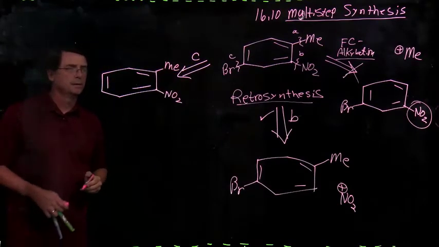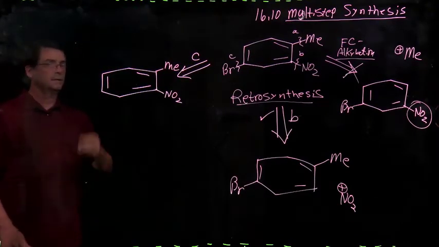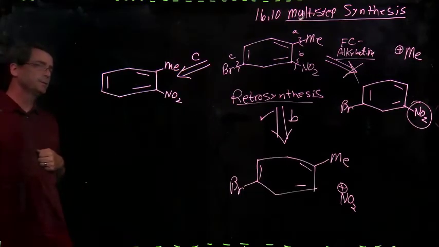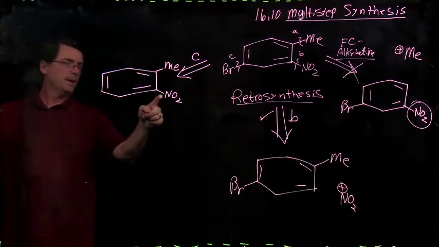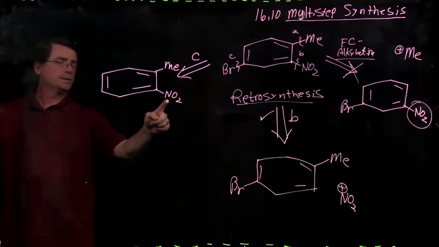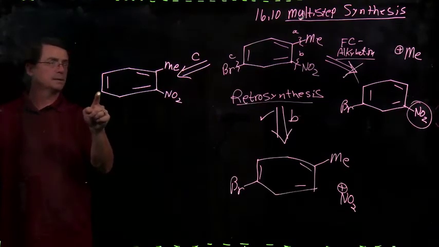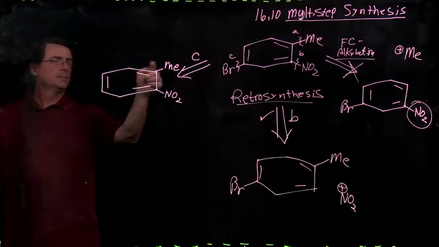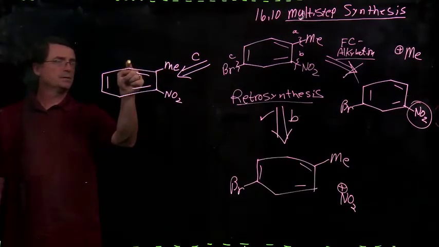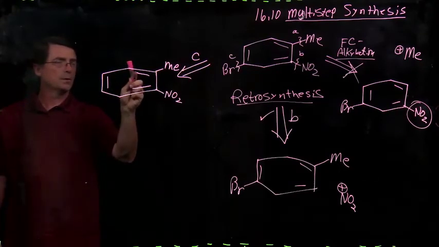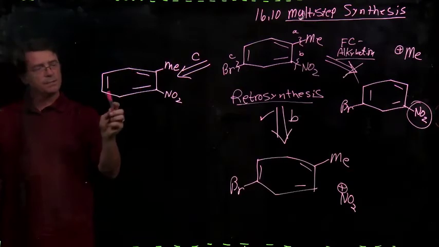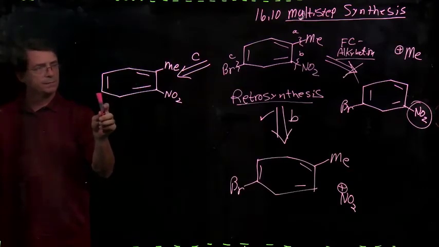We could take the bromine off of this para position, and if we look at our substituents now, the nitro group is a meta director, so it would direct the bromine to the desired position, but it would also direct here. But this position is much more sterically congested. This position, meta to nitro, which is ortho to methyl, would be more sterically congested than the alternative position.